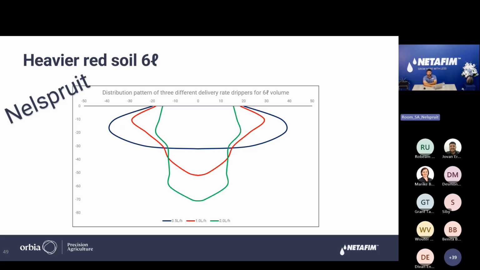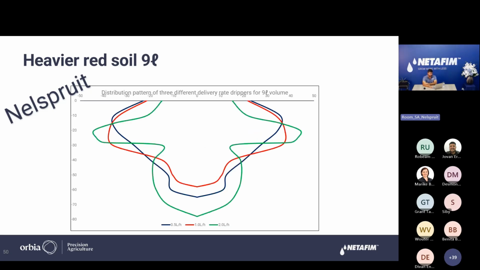So you can see there, the low flow emitter never actually went past that compaction zone, where on your 2 liter an hour dripper, you started getting secondary distribution below that compaction layer because of the saturation zone increasing so much that it forced water into that second layer a lot faster, which makes scheduling extremely difficult.